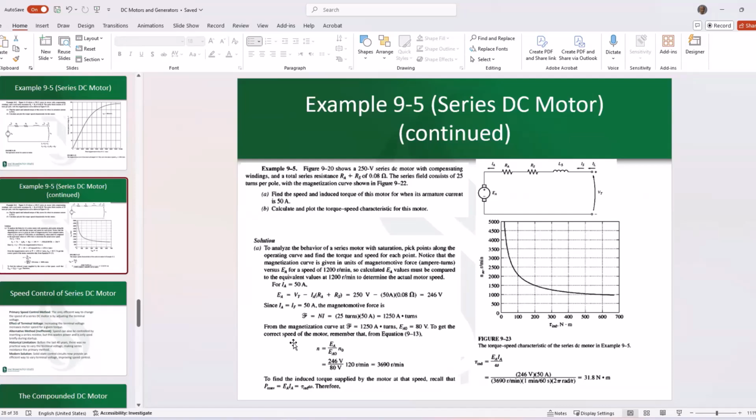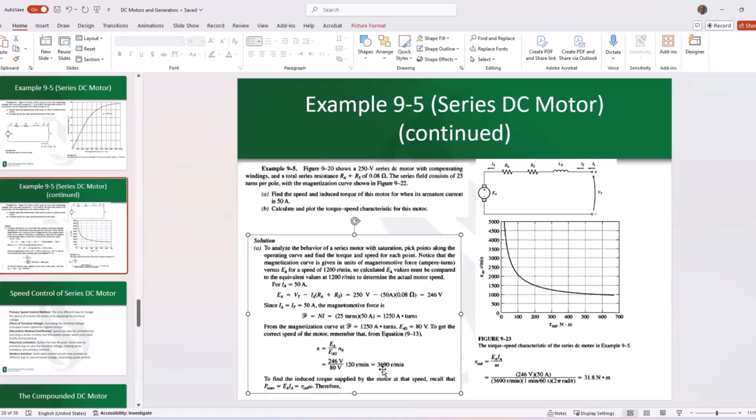To get the correct speed of the motor, remember that we always had this equation: the armature voltages correspond to the speeds. The actual armature voltage is 246, compared to the 80 that we got here, which means the speed is 1200, not 120.